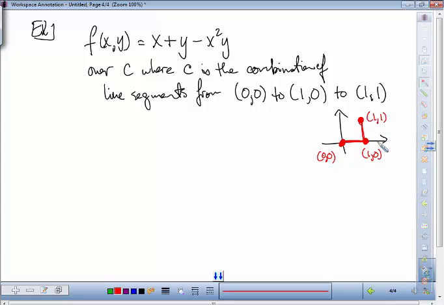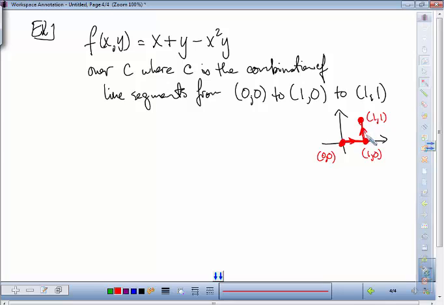So in this case, we're going to have two parameterizations that we're going to have to deal with. For these path integrals, it turns out that the orientation doesn't matter, like your starting and your ending point. But for future integrals, it will matter.